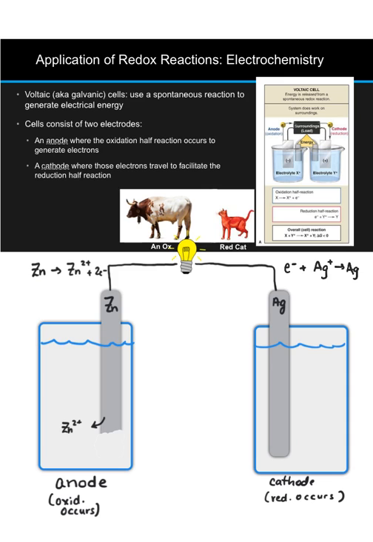So what's going to happen is that silver cations, if they're in solution, will start to accumulate on this electrode. Therefore, over time, we expect that this electrode will gain some mass as it accumulates more and more silver.